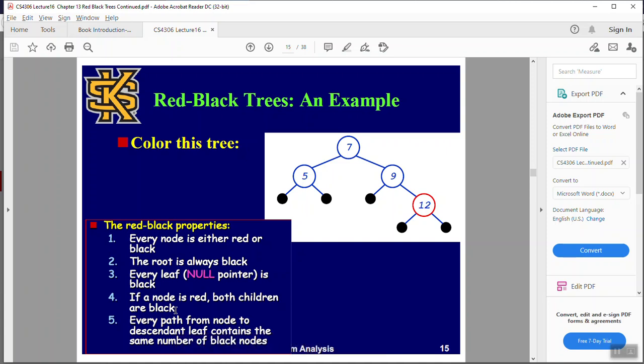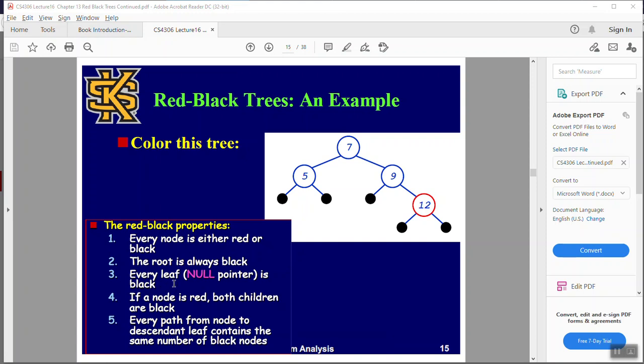In a red black tree, every node is either red or black. That means a node contains its color in addition to its value, and the color may be either red or black, nothing else. The root node is always black.